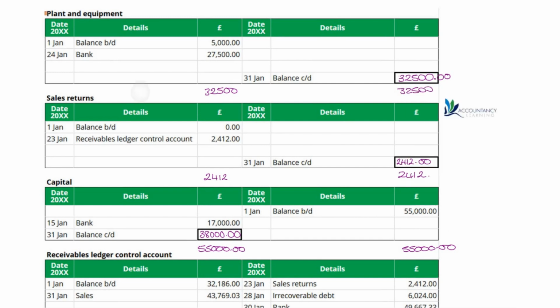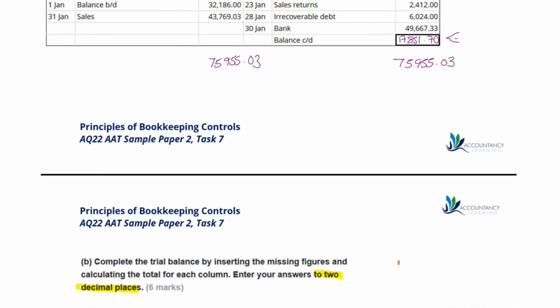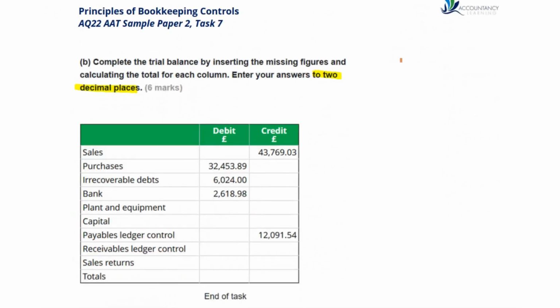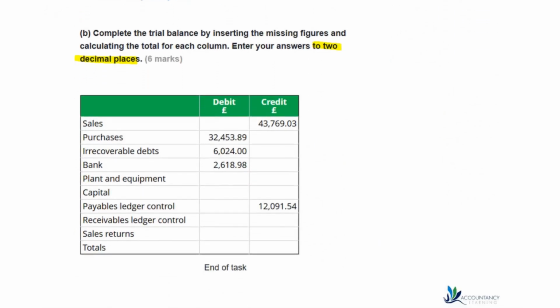So we will put in our plant and equipment, 32,500. Now remember that these are our carried down balances, so these are our closing balances, and in the TB you need to be looking at what type of account it is. So plant and equipment is a debit balance because it's an asset. So 32,500.